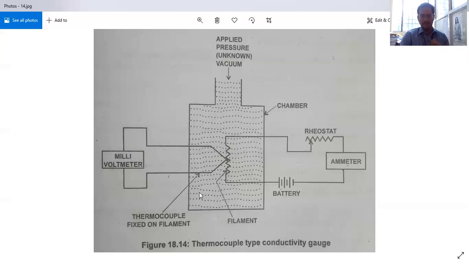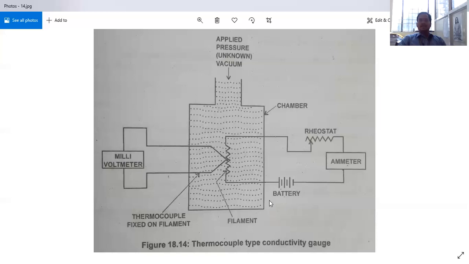Coming to its applications, it is used to measure low and ultra vacuum pressures. Very low pressures are determined with the help of this thermocouple type conductivity gauge, such as values like 10 to the power of minus 7 Newton per meter square.